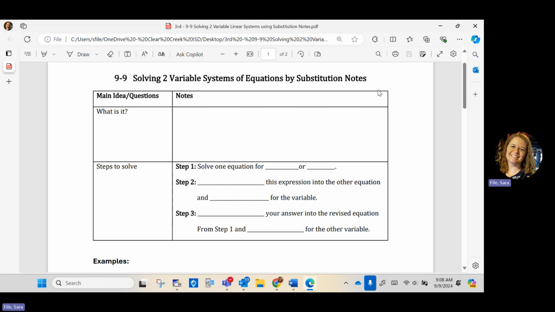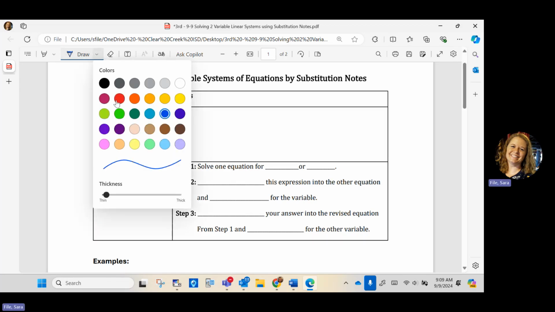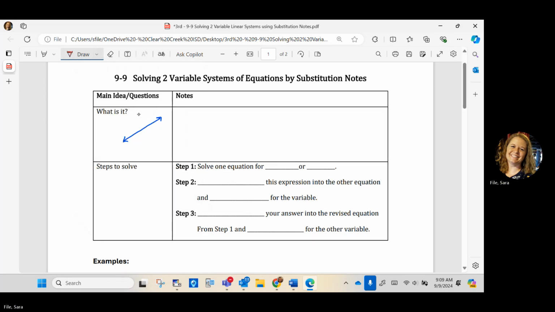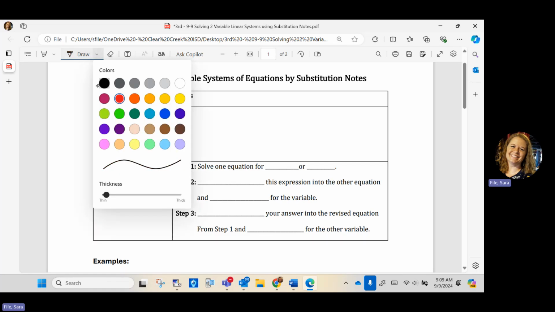Can you visualize it? If I have two lines, let's say I have this line and I have this line. What is the only place that is on both the blue and red line? Where it intersects.